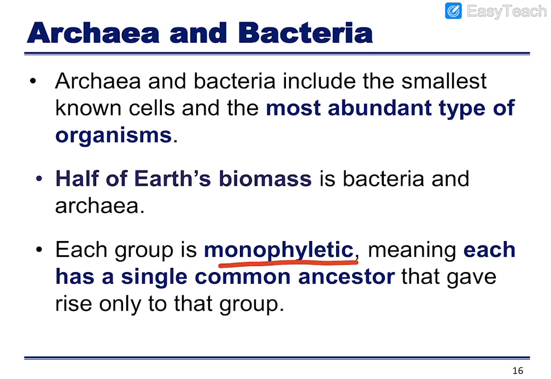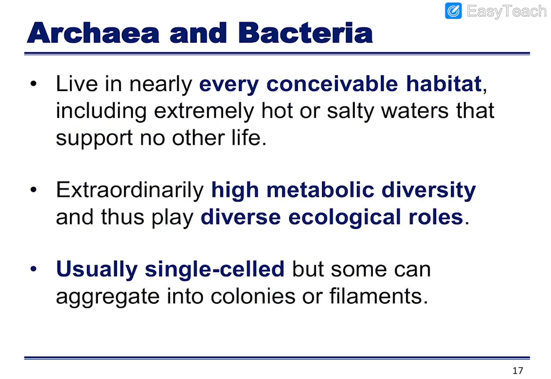So basically, that single common ancestor is what distinguishes these groups. Like I was saying before, archaea and bacteria live in nearly every conceivable habitat on Earth, including extremely hot, salty, chemical environments, things like that. Basically, they are able to live in places that do not support any other type of life.